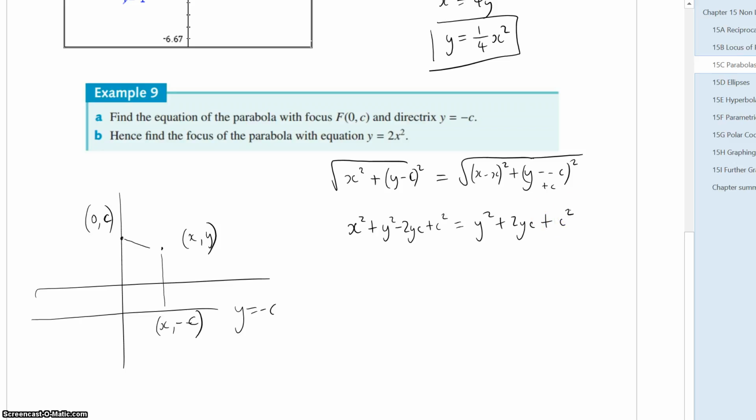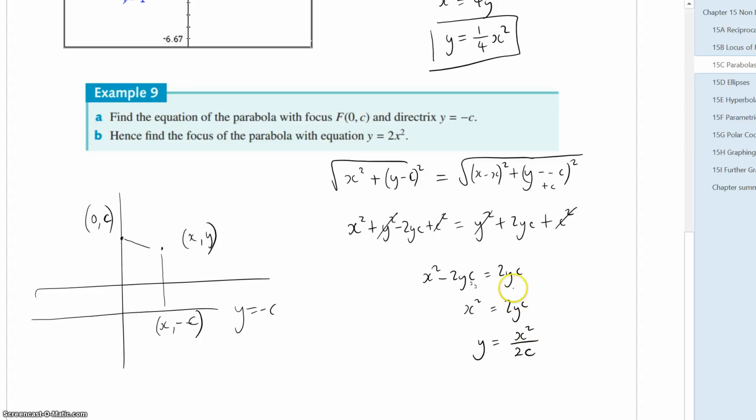And now I can do some cancelling. c squareds exist on both sides, y squared exists on both sides, and we've got x squared minus 2yc equals 2yc. Add 2yc to both sides, so x squared equals 4yc. Now divide both sides by 4c, and I get y equals x squared over 4c.